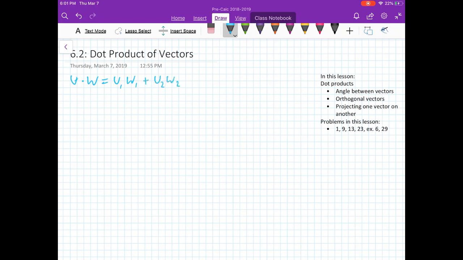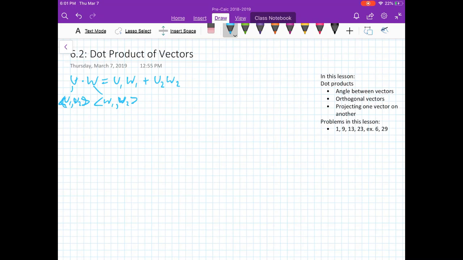And what this means is if we assigned u to u1 and u2, just the expression, if this is that vector and vector w was w1, w2, we would multiply the x's together, and then we're going to multiply the y's together, and we're going to add them together.